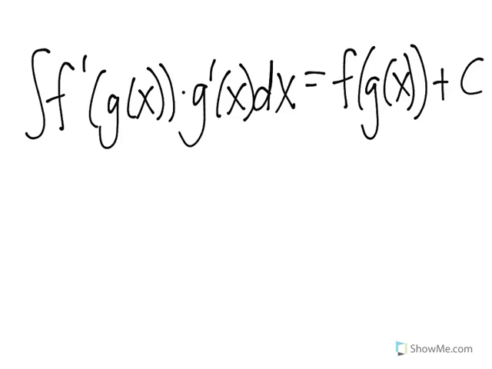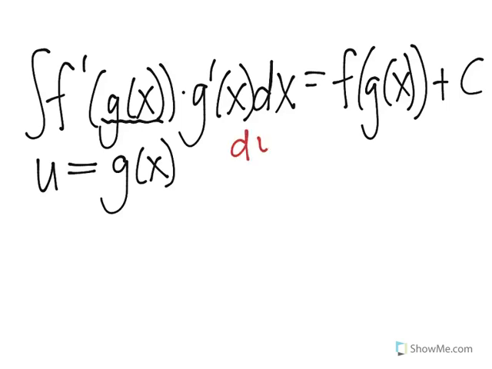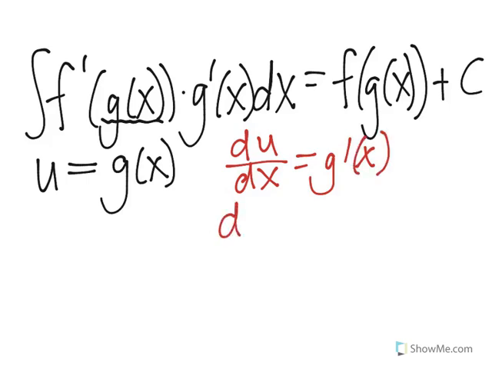And the technique of u-substitution is to change the variables here. So what we are going to do is introduce a new variable u, which is going to be this g of x function. That means if we take the derivative, du dx, then we have g prime of x. And if we multiply both sides by this differential, we have du is equal to g prime of x dx.